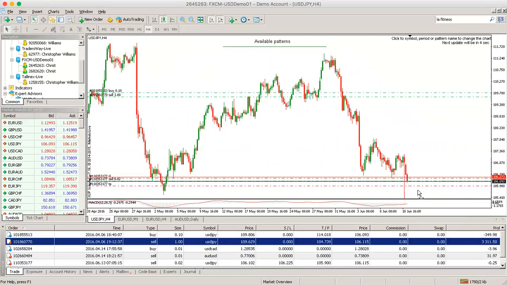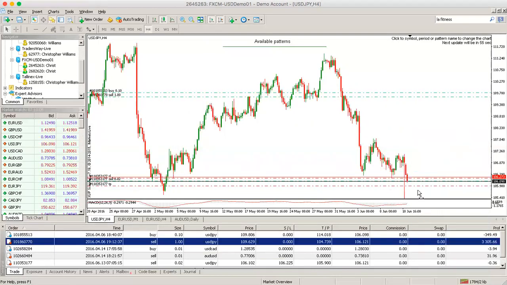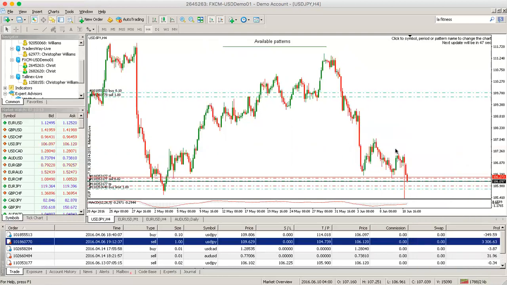You can right-click on the screen. Hold on a second, I'm sorry. All right, we can right-click on the screen and put in a buy limit.